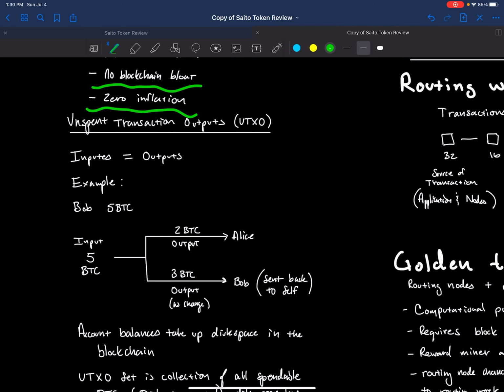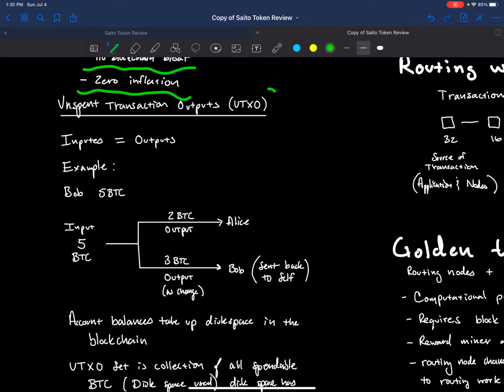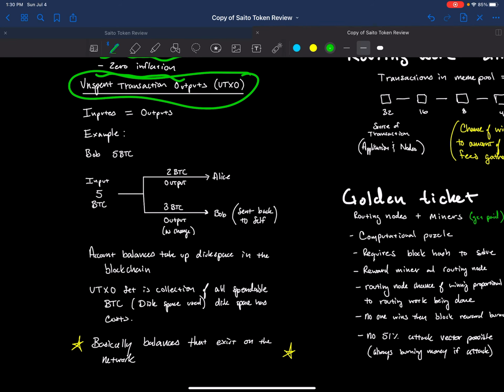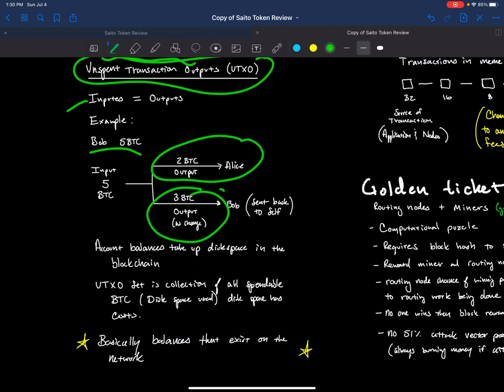So, unspent transaction outputs. What are unspent transaction outputs? This is just a simple overview. Basically, inputs equal outputs. An example is Bob has 5 Bitcoin, and he sends 2 to Alice, and 3 Bitcoin is returned to Bob. That's all that unspent transactions are.